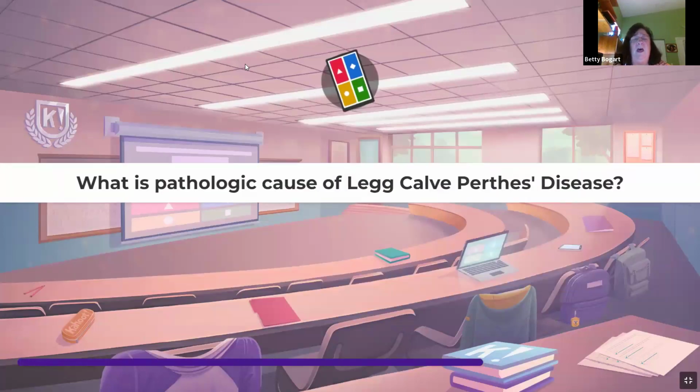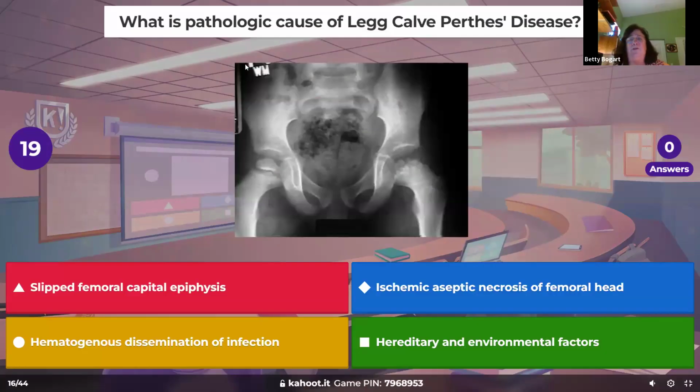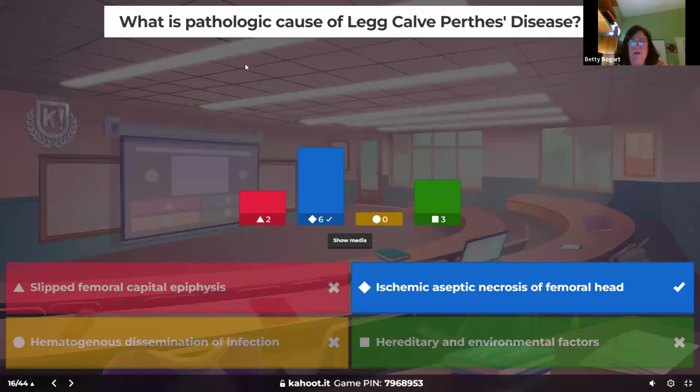What is the pathologic cause of Legg-Calvé-Perthes disease? Where's that fuzzy area on the head of the femur, where it goes right into the hip joint? It's called an ischemic aseptic necrosis of the femoral head.